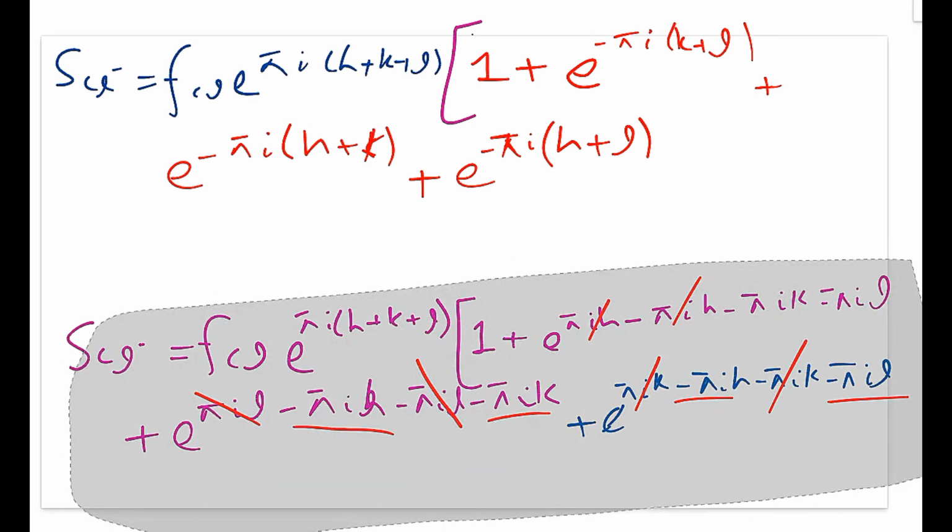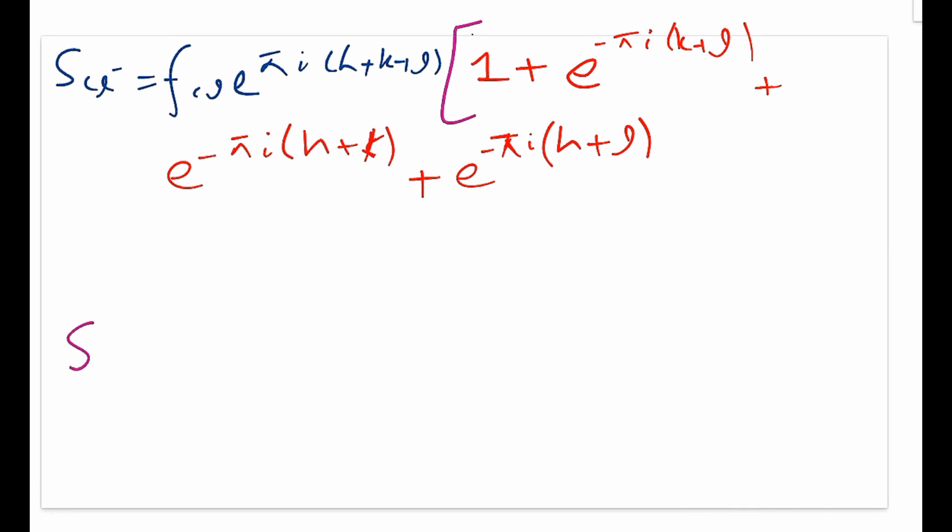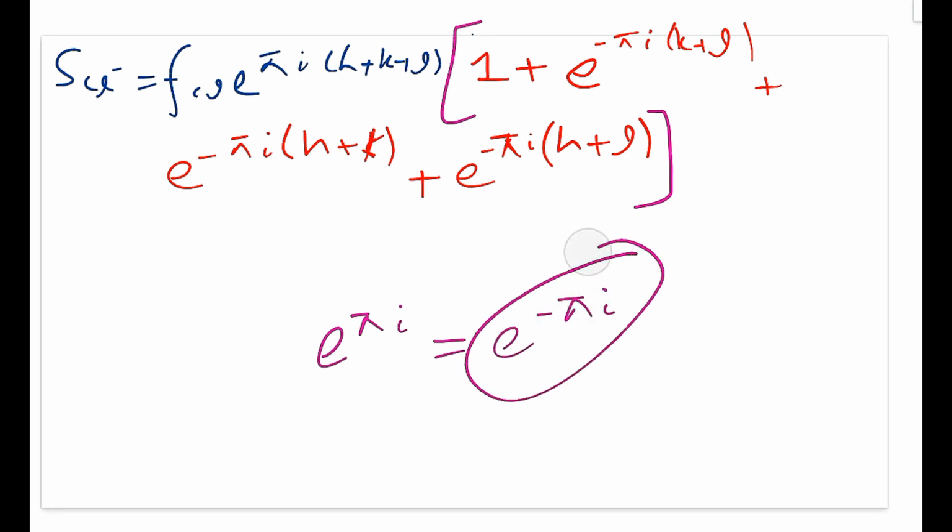Alright, so we have got a really simplified form, and we can simplify it even further. We know that e to the power pi iota is equal to e to the power minus pi iota. So we can simply replace e to the power minus pi iota with a positive one, because that doesn't matter.